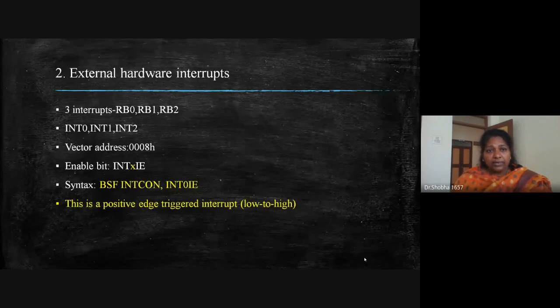There are three external interrupts, which are INT0, INT1, and INT2, and you need to know the vector address. It starts from 008, okay, and you have to enable it.